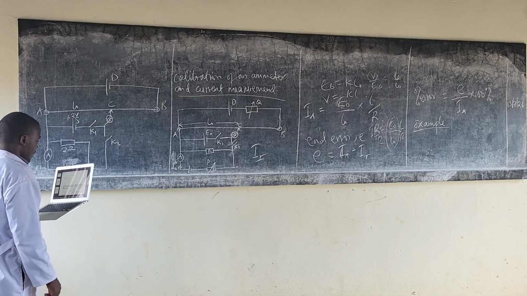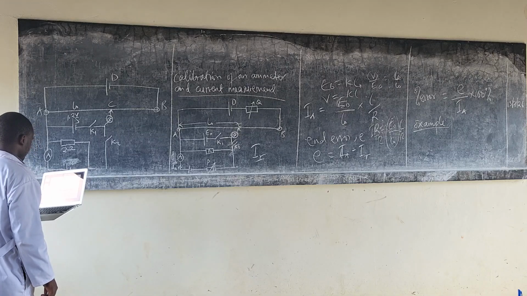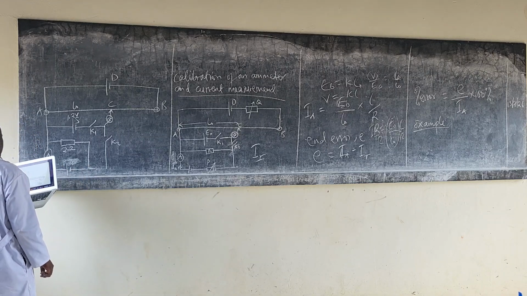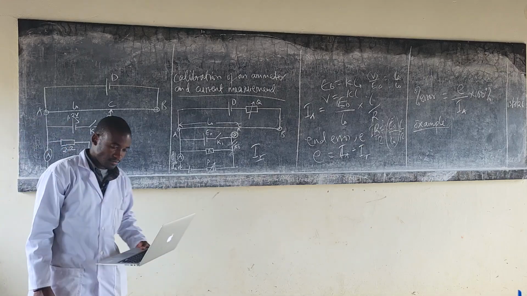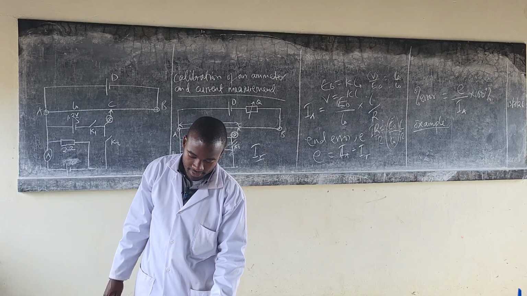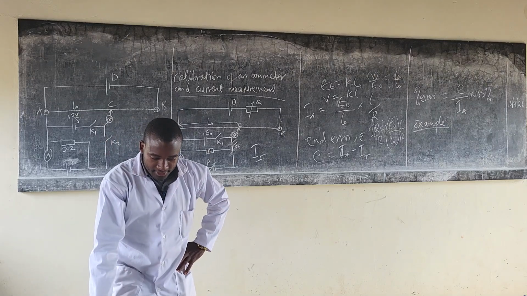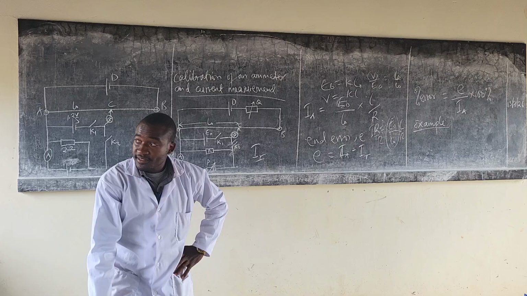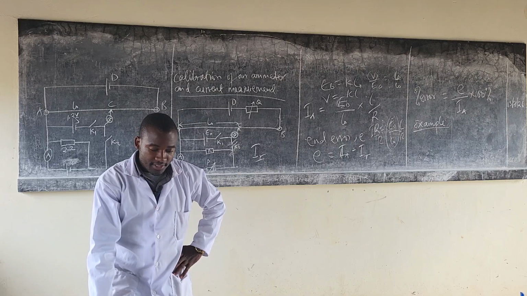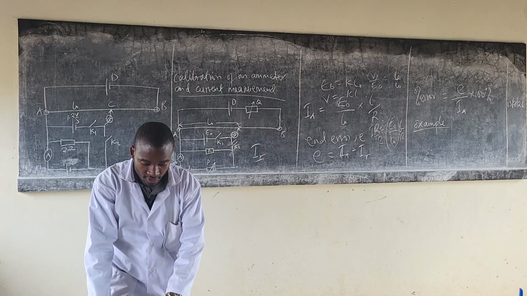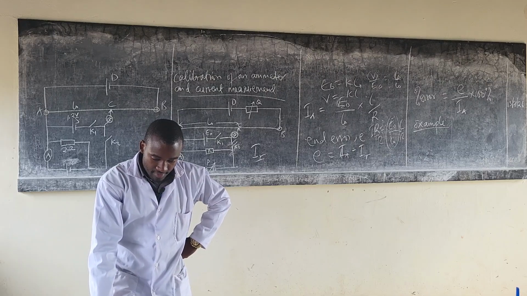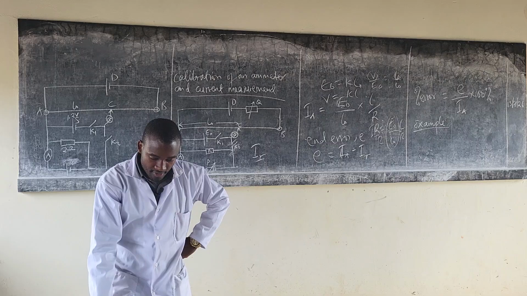When K1 is open and K2 is closed, the balance length is 26.8 centimeters, and the ammeter A reads 0.4 amperes.